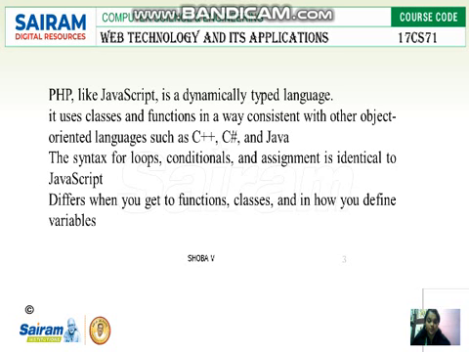It is very helpful because PHP was booming in 1990. This is how PHP was developed, and it differs when you get to function classes, and now you can define the variables. As a server-side scripting language, it is very helpful for database access and form handling and all those things.